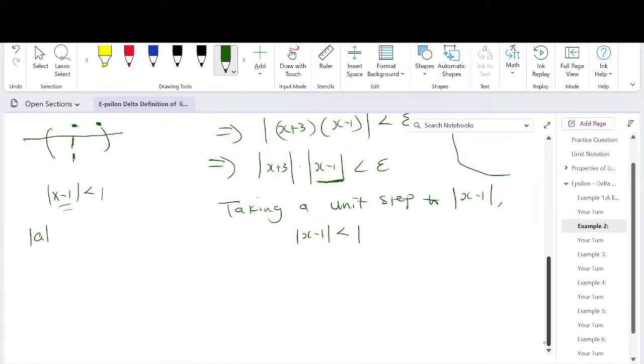So the absolute value of A equals B simply means two things: A is equal to B, or minus A is equal to B. That is what it means.